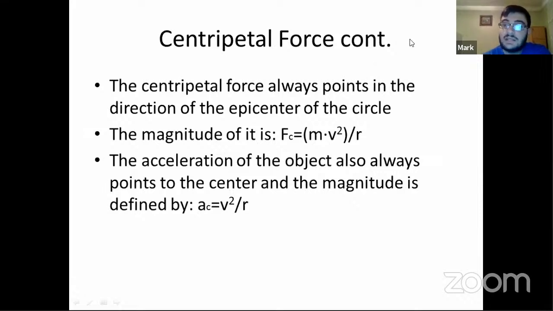Velocity here is instantaneous velocity, and this is where I was talking about the difference between instantaneous and average velocity. At different points in the rotation, the object will have different instantaneous velocities. For example, a planet orbiting the sun always has a velocity. If it's at the bottom and going in a circle like this, when it's right here, it has instantaneous velocity going in this direction, exactly to the right.